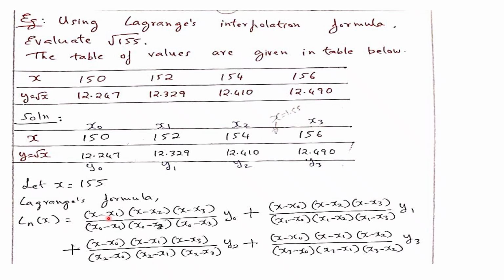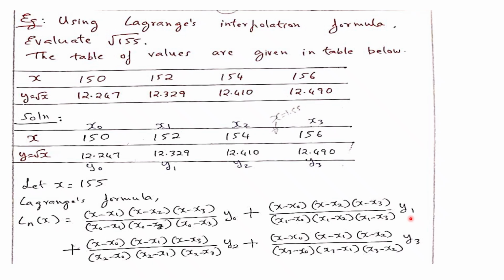See, same thing, x minus x1 into x minus x2 into x minus x3. Next you see wherever there is x, you write it as x naught. x naught is missing in the numerator, but in the denominator it will replace x. So x naught minus x1, x naught minus x2, x naught minus x3. Okay, so that is the first term.